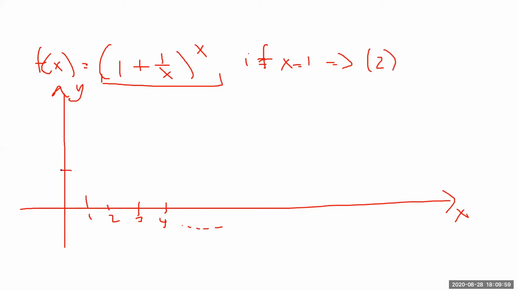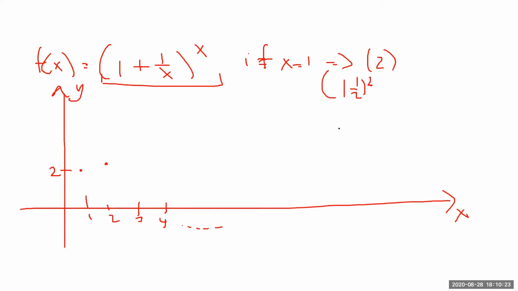So 2 goes here. If you plug in 2, it would be 1.5 squared, because it's 1 plus 1 over 2, to the x power, where x is 2. So what is that? 2.25, okay, so a little bit over 2.